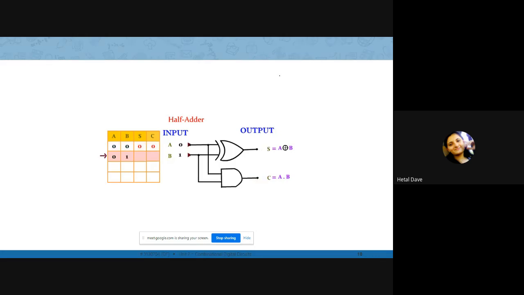Likewise, if I give 0 1, it will pass through the XOR gate. Sum output will be 1, and carry output will be 0. In this way, I can get the right summation at the output. So this is called half adder.